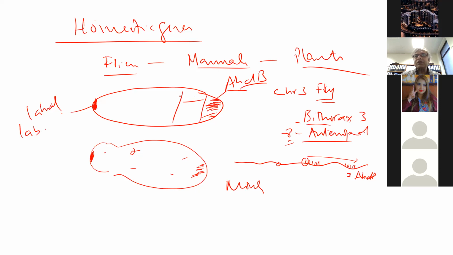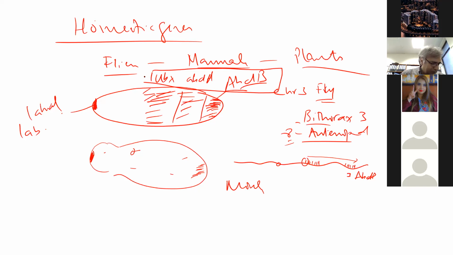After ABD-B comes ABD-A, then there's UBX. All these 3 make up the bithorax complex. And then we have antennapedia, labial, deformed, proboscipedia, etc. They are expressed this way. If we look at the differential gene expression pattern in vertebrates, in mouse and in humans, it's exactly the same phenomenon. And these genes are conserved in evolution.